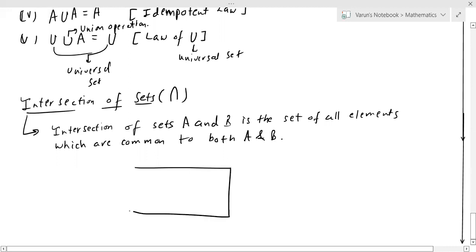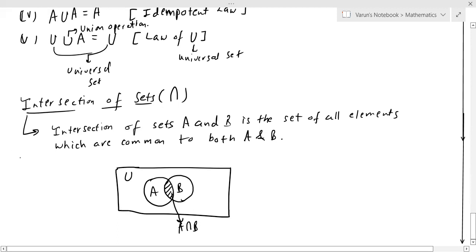If you want to see the Venn diagram for this, you will have the universal set, and then you'll have A and you have B, and this region in the middle is A intersection B. Is that clear? Yes, sir.